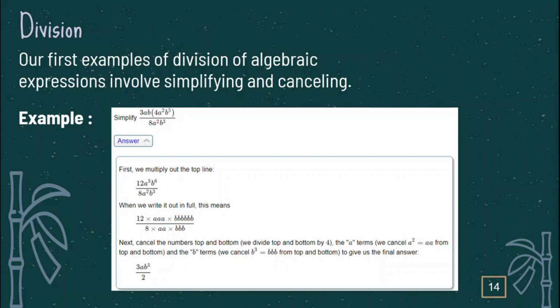The answer is 12a cubed times b to the power of 6, divided by 8a squared times b cubed. When we write it out in full, this means 12 times a times a times a times b and so on, divided by 8 times a times a times b times b times b.